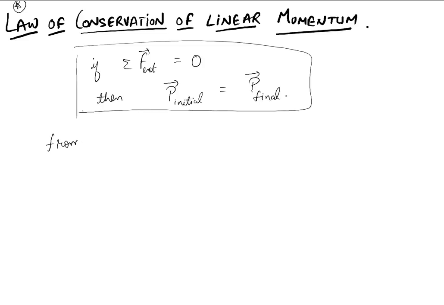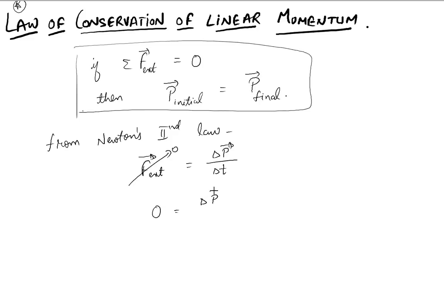From Newton's second law, we can say that if we apply external force on a system of particles, then it will be equal to the rate of change in momentum of the system, and if this summation of external force applied on the system is 0, then delta P by delta T will be equal to 0, and from this we can write that delta P will be equal to 0.